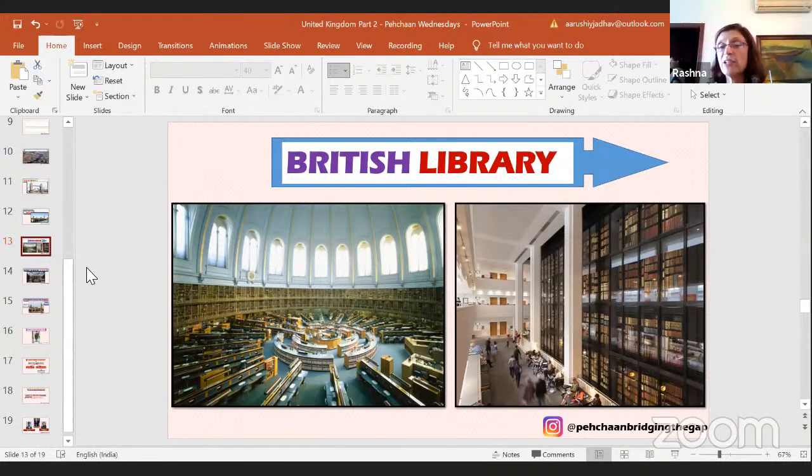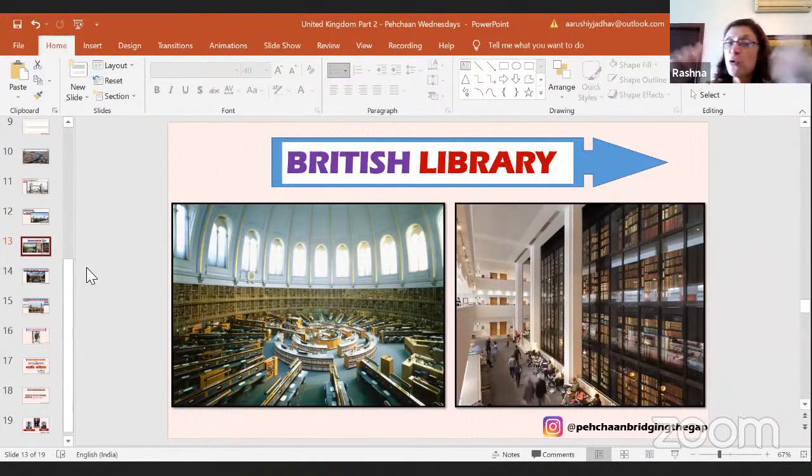So the British Library was expanded and made bigger and bigger. If you look at the picture on the right, you can see the modern part of the British Library, right? You can easily see the old and the new. You can see that the books go up to the ceiling. Do you see that? Right to the top, the books.